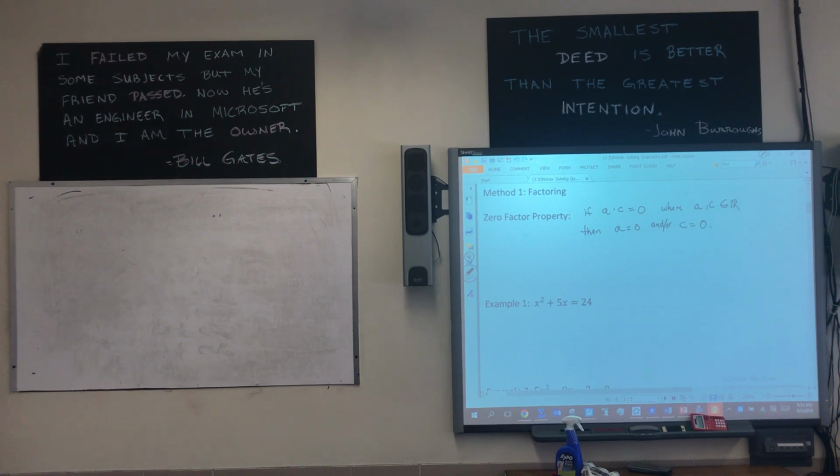But that only works when I have a 0 on the right-hand side, because it's a unique type of number, okay? If it was a non-zero number, there's actually no way of deciding what one of those factors is, okay? So let me draw something up here.